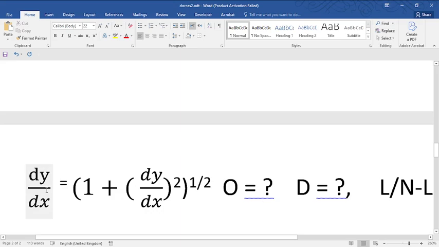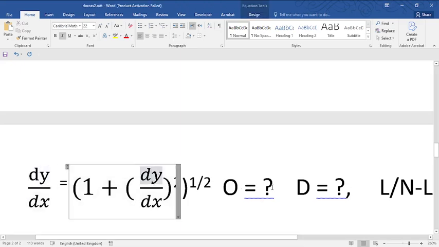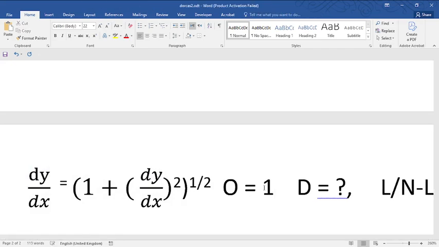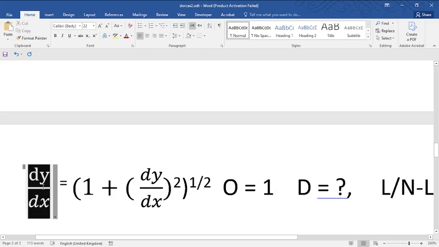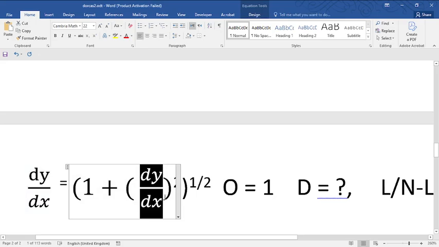You can see that they just differentiated everything once. This one is y prime, this one also is y prime. Meanwhile, our order will be equals to 1.